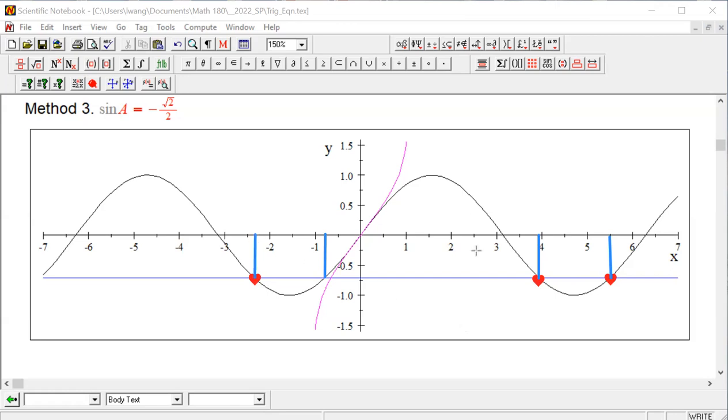We have many solutions, don't we? And all of these blue bars are equal to negative √2 over 2. That's how high they are, because they are negative. So it's underneath the x-axis. With 1/3 or 1/2, it's above the x-axis. Now it's negative, so it's beneath the x-axis.